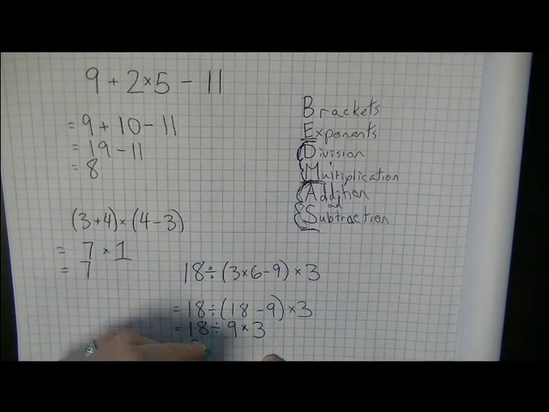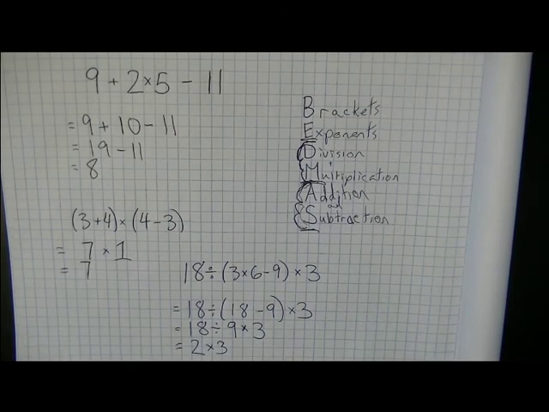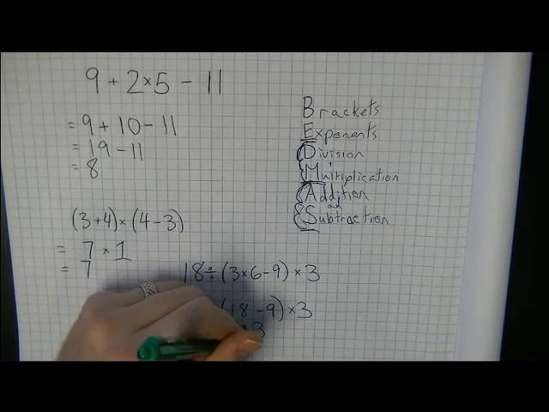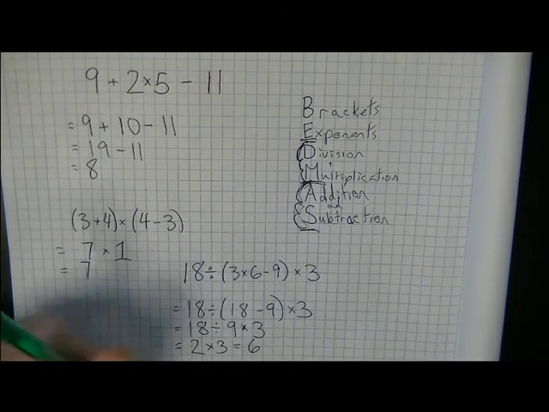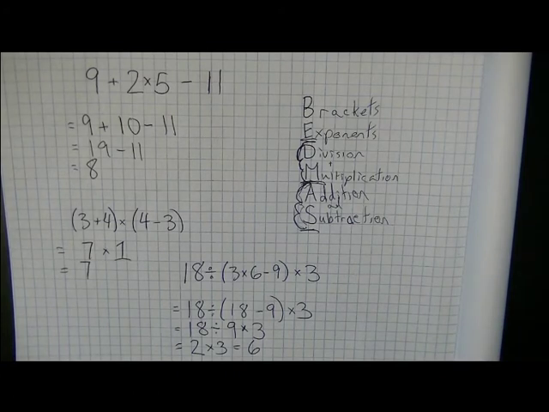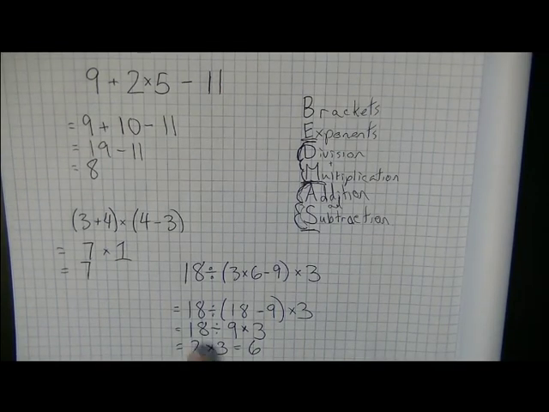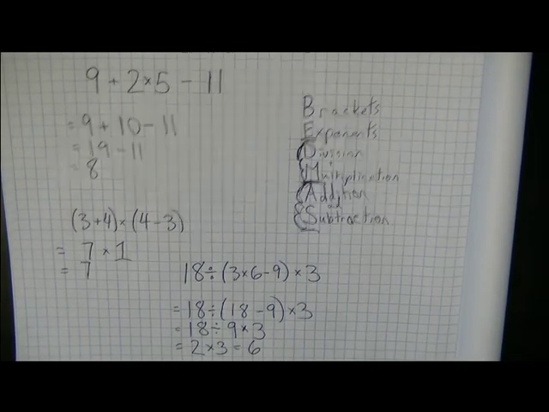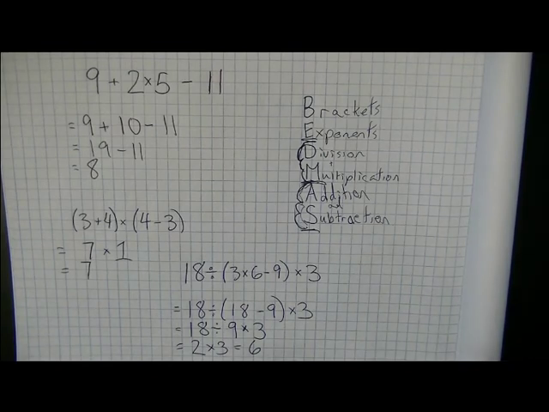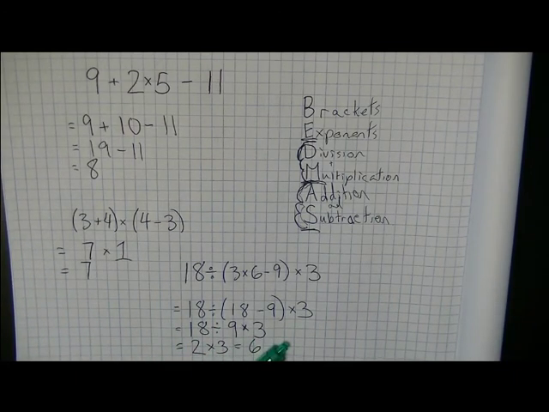All right, so we have 2 times 3, which is, of course, equal to 6. So that all boils down to 6. So remember, once you have everything on the same level, so in this case it was all division and multiplication, which are done during the same step almost, you have to do those from left to right. So we start with 18 divided by 9 and then multiply by 3. Okay, cool, excellent.